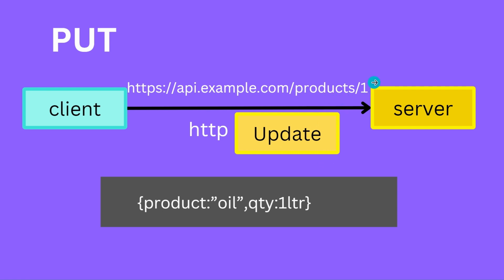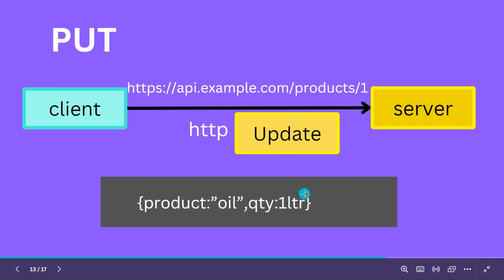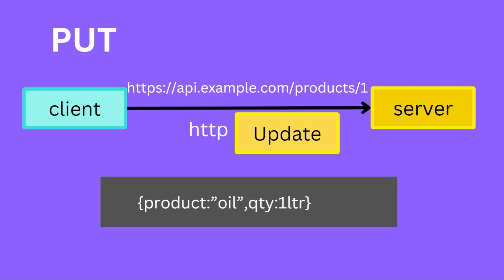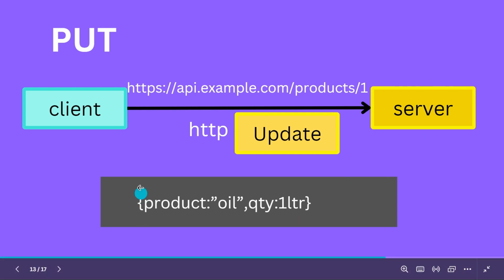Like if we have previously given a sugar product while creating a product on the server, but now we give the same data with the product name changed, it will update the product available at product id 1, so that it gets updated on the server side.